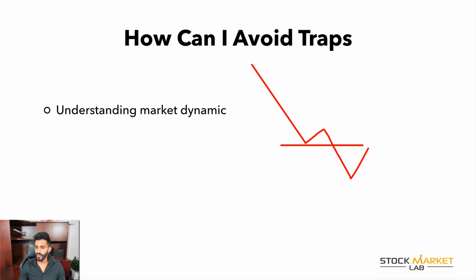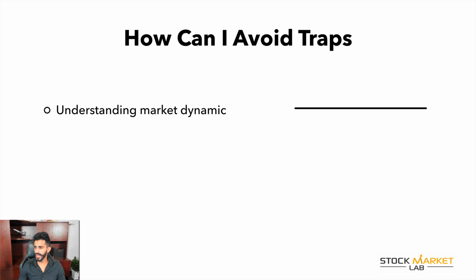Second, I'd want to see how strong or weak the breakout or breakdown is. So let's say this is resistance and the stock is going right into resistance. It's doing something like that. At this point, I'd want to see a pullback or I'd want to see a consolidation. This breakout is a lot different than seeing something like this.